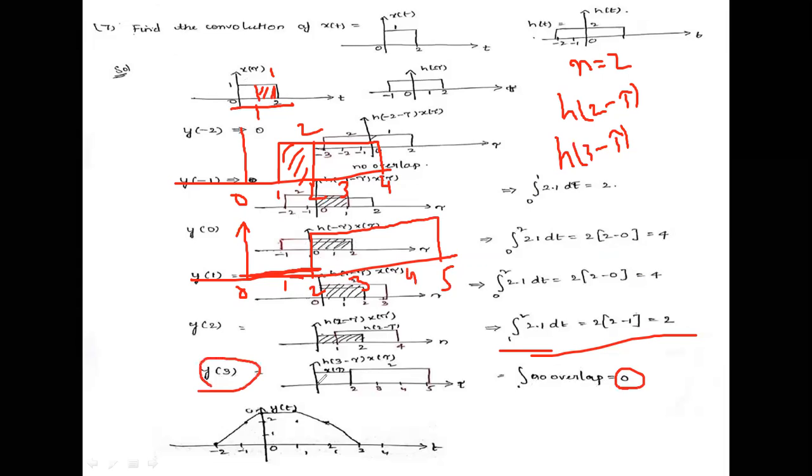Whenever y of 3, we start from the 0 because h of 1 minus tau and another one, h of minus tau, also we observed. That is for n is equal to 0, n is equal to 1, n is equal to 2, and n is equal to 3.